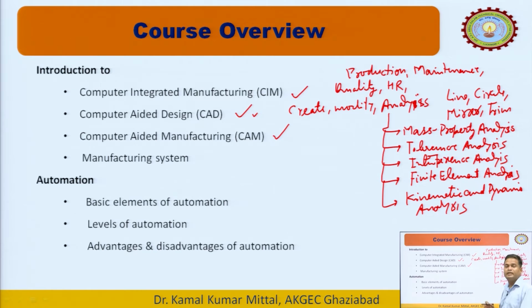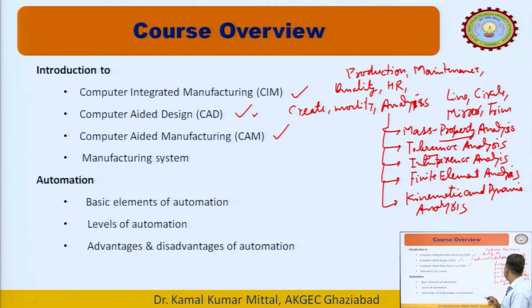So these 5 are the different analyses that we can do with the help of computer aided design. In mass property analysis, these topics we will discuss when we discuss CAD and CAM in detail in the coming lectures. In mass property analysis, we can find the volume, density, pressure of different components.